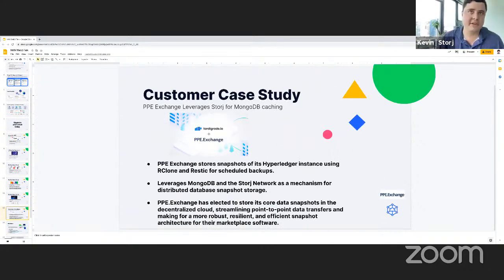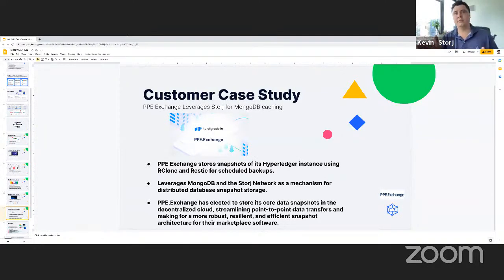We've launched a bunch of customers this year, most of them through the Tardigrade brand. But one that I wanted to highlight today was PPE Exchange, which is a personal protective equipment exchange that was delivering PPE equipment during the COVID crisis. They were able to store snapshots of their Hyperledger instance using the rclone connector with Storj, and also snapshot or cache their MongoDB database as well.